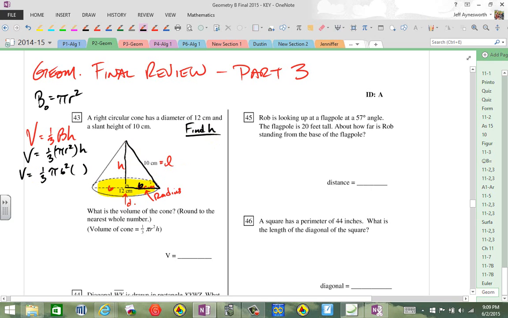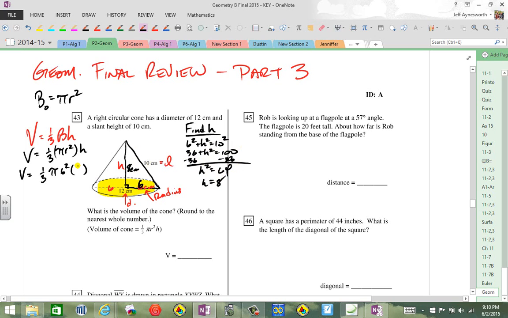We kick in your Pythagorean theorem, which works for all right triangles. 6 squared plus h squared is equal to 10 squared. That's 36 plus h squared equals 100. Subtract 36, and you get h squared is equal to 64, which means h is 8. So this is 8 centimeters tall.